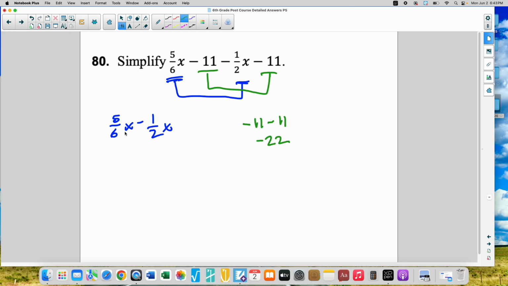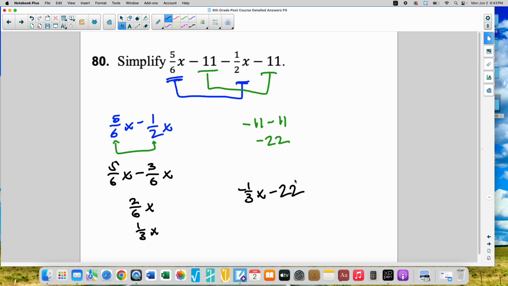When we add like terms, we're going to combine their coefficients. So we're combining 5/6 and negative 1/2. So we have to convert it to sixths. That's negative 3/6. So that gives us 2/6 x, or 1/3 x. So if I simplify it, I get 1/3 x minus 22.